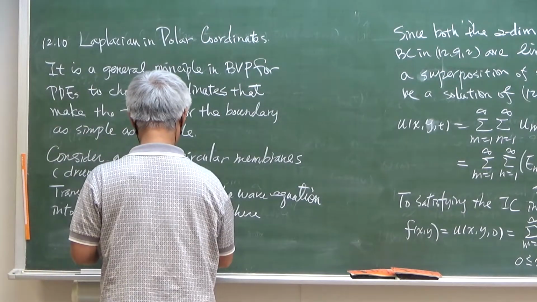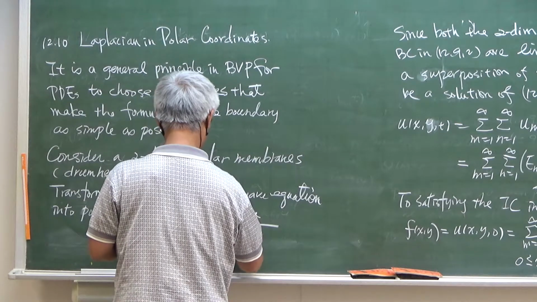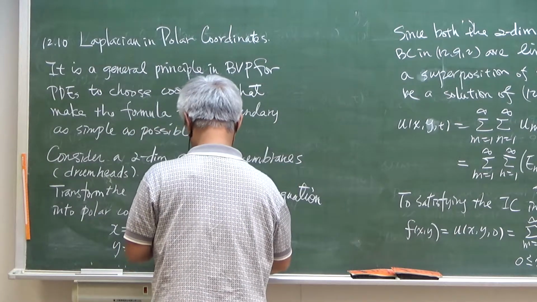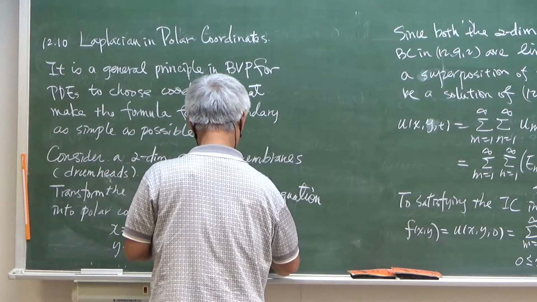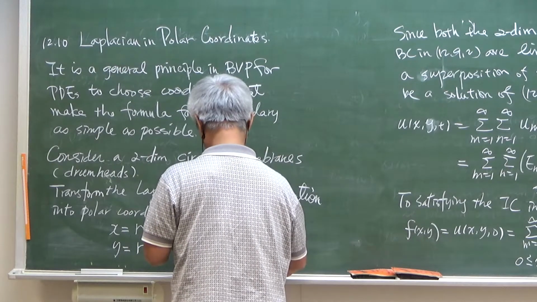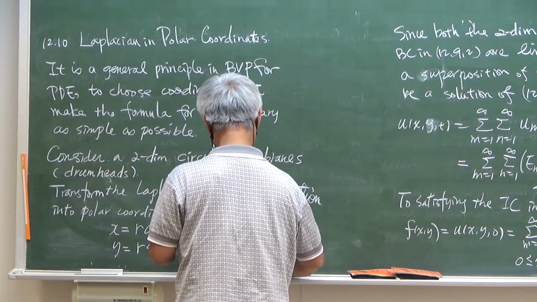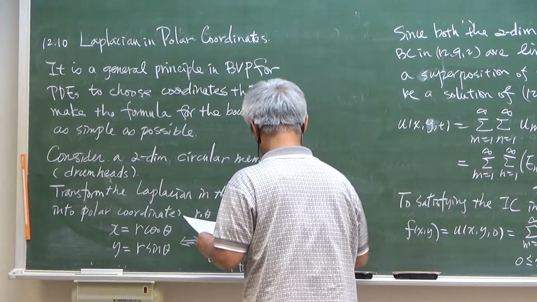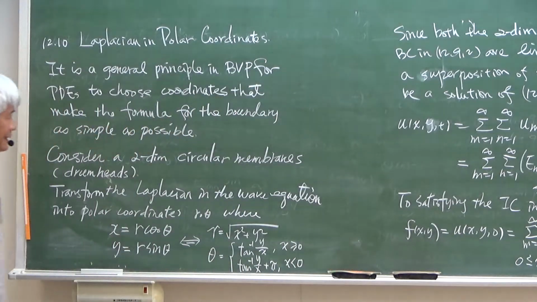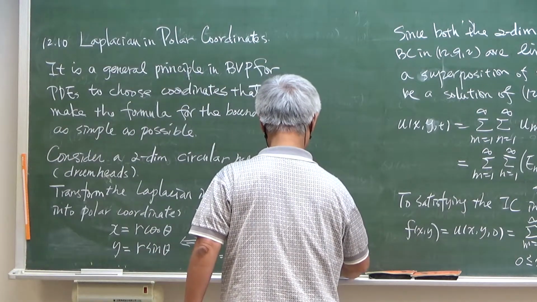And the inverse transformation is that r is equal to the square root of x squared plus y squared, and theta is arctangent of y divided by x, where x is greater than or equal to 0, and arctangent of y over x plus pi if x is less than 0.